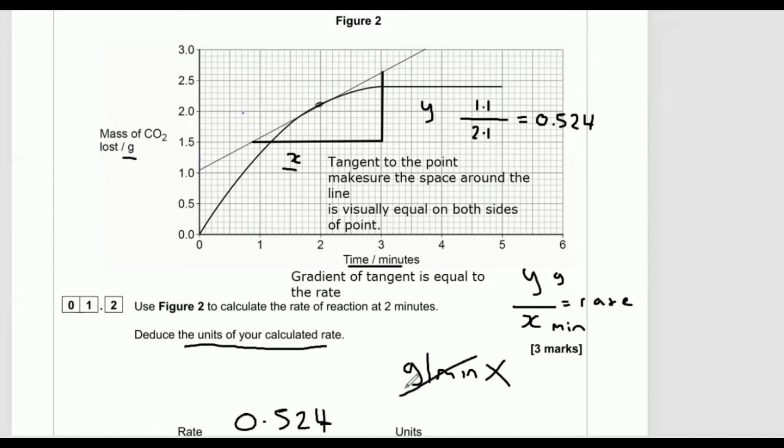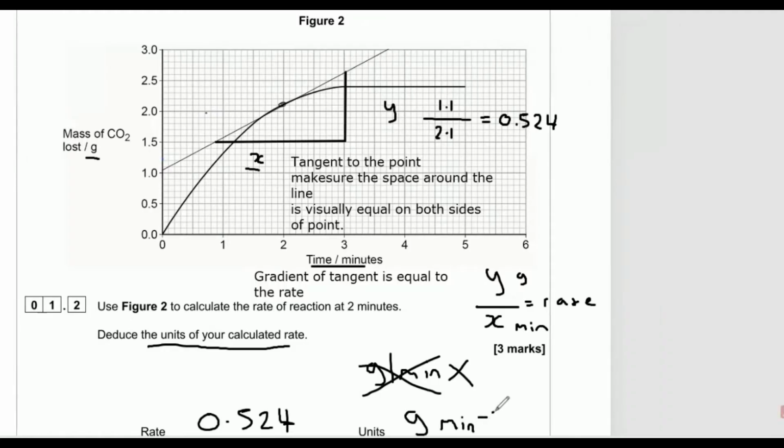Now at GCSE, you can put the diagonal line, grams per minute, but at A level you need to put g min to the minus 1. Okay, so 1.1 over 2.1, 0.524, and that's grams per minute.